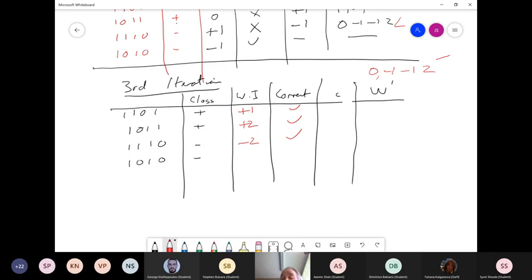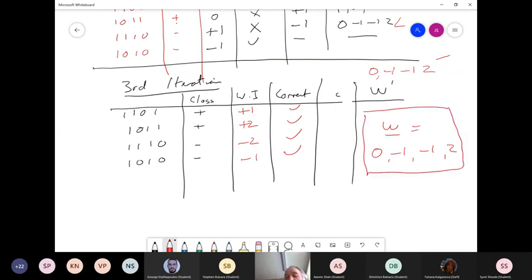Correct. Fourth pattern: 0, 0, minus 1, 0, minus 1. Correct. No changes. So the final weight vector is 0, minus 1, minus 1, 2. No changes in the iteration, so it is getting all the training patterns correct.